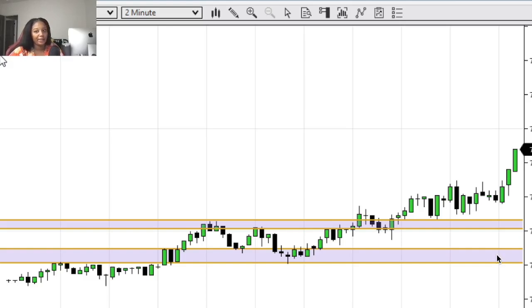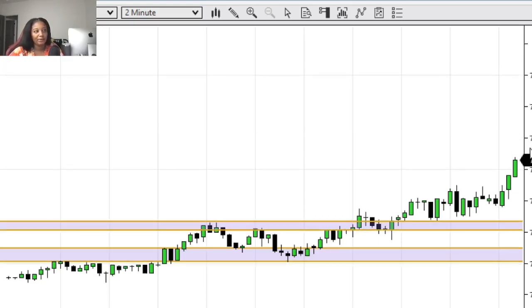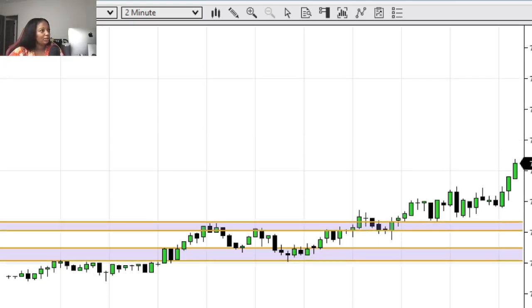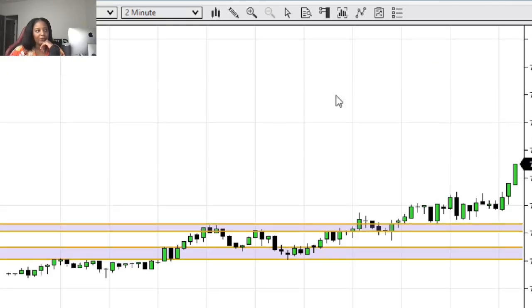We may not get that retest that I would want. So we got about the 5-minute candle about to close here. Let's see what happens. It's coming with some strong volume, so I'll have to let it do what it do.